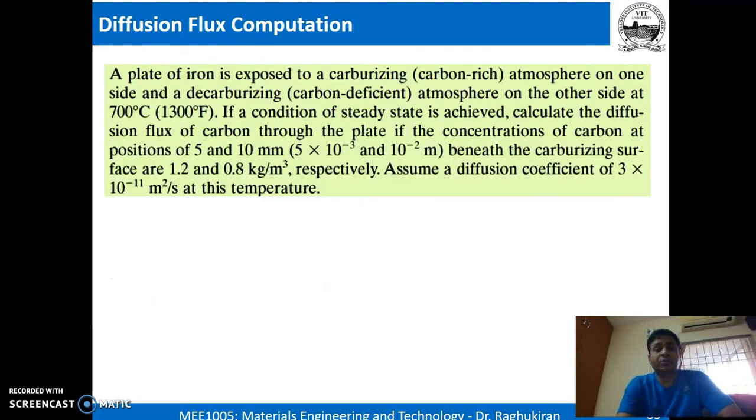This is the final slide in the topic, which has an example that you can try on your own, a direct application of the formula we just discussed. With that, I hope you have a basic understanding of diffusion, what it is, what the types of diffusion are, and how to quantify steady state diffusion.